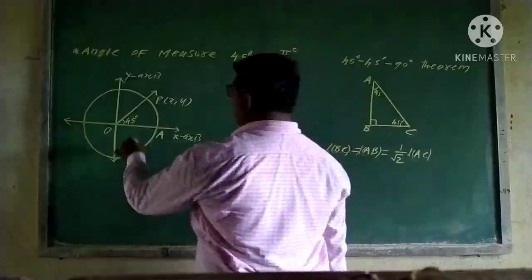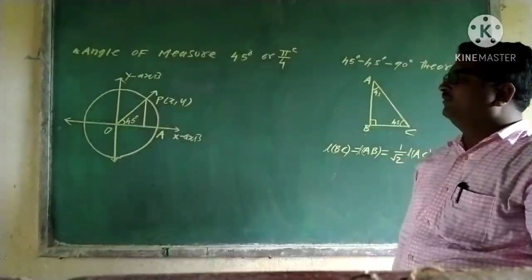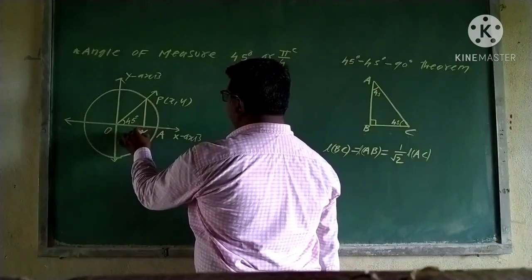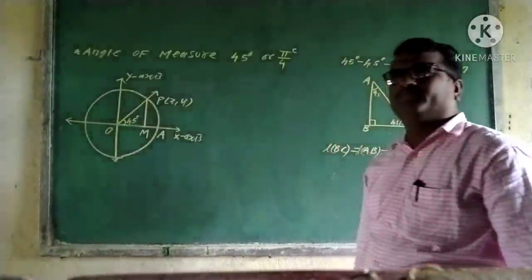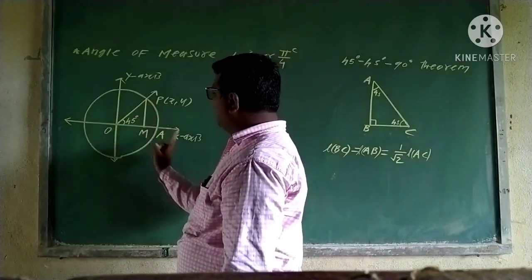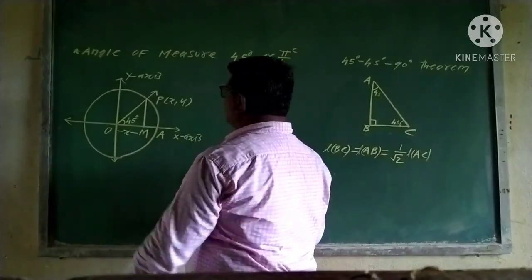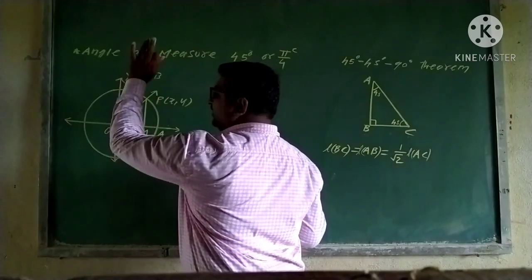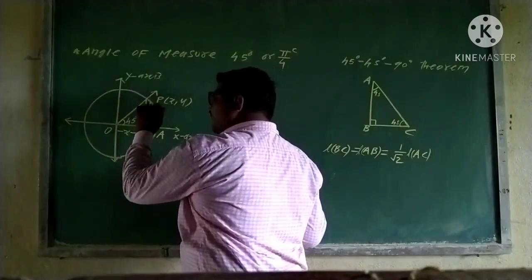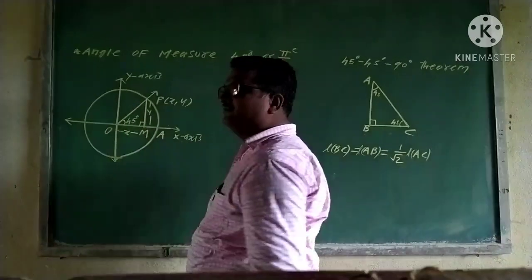From the point P, we draw a perpendicular on the positive direction of the x-axis, meeting at the point M. The distance traveled by the point P in the positive direction of the x-axis is x, and in the positive direction of the y-axis the distance is y. Since we draw the perpendicular on the x-axis, this angle is 90 degree.